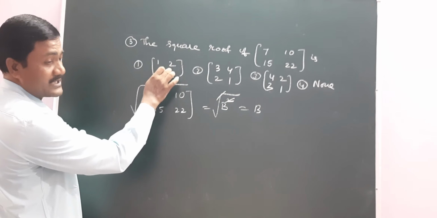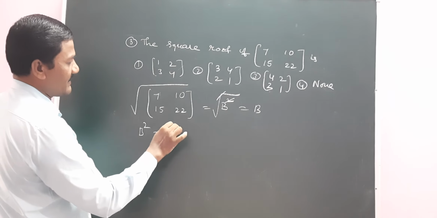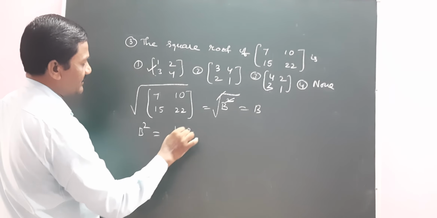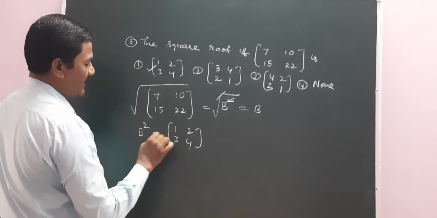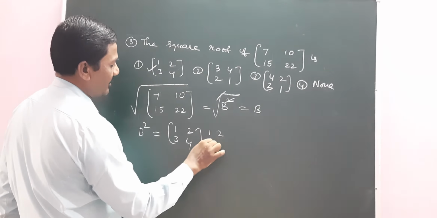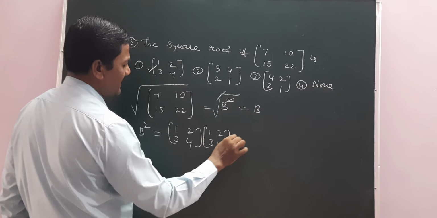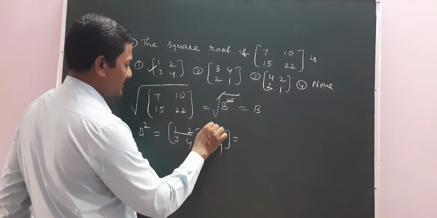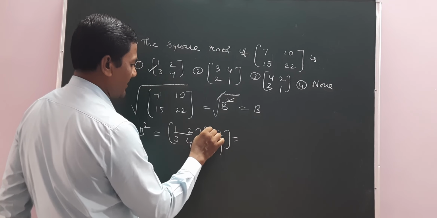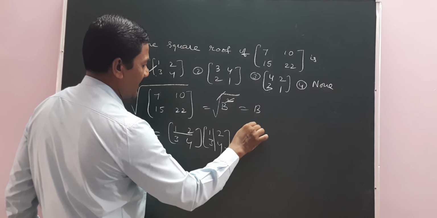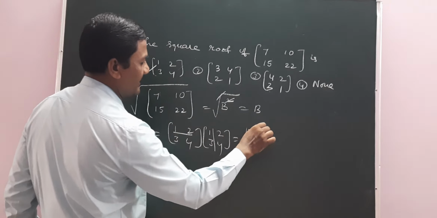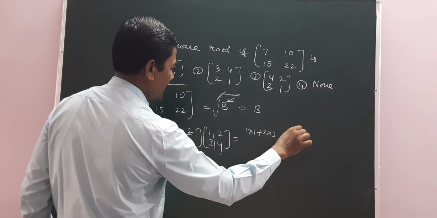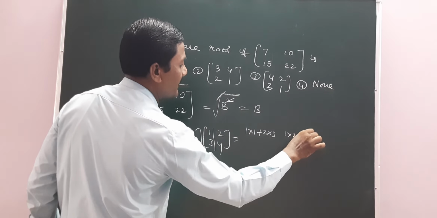So now coming to B. B means suppose this one. So B square is 1, 3, 1, 2, 3, 4. Square means the same type, 1, 2, 3, 4. You already know matrix multiplication. So row into column. First row into this column: 1 into 1 plus 2 into 3. Second one is 1 into 2 plus 2 into 4.